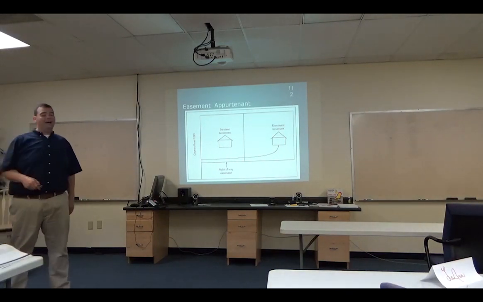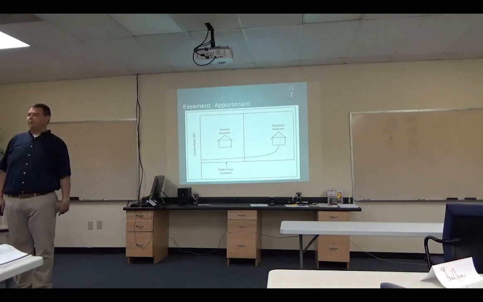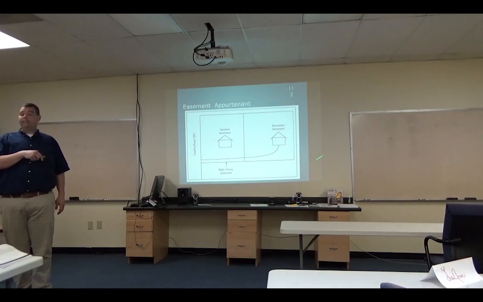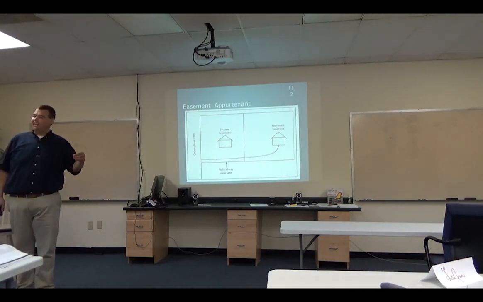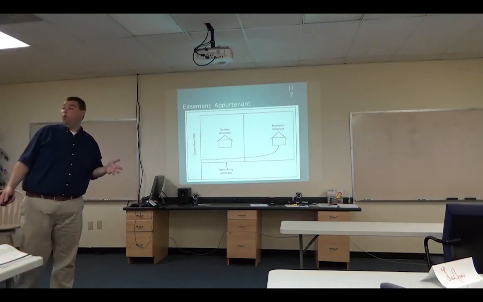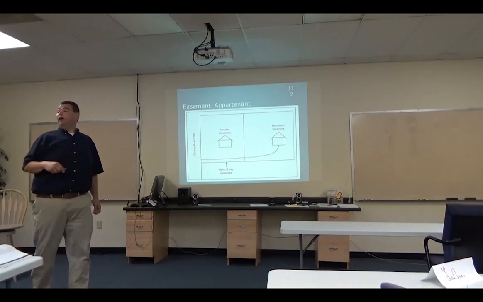Now, keep in mind how this came into being, because we don't want to lose sight of the big picture. How this happened is that this, at one point, was one piece of property. It was subdivided. Subdividing is just dividing a piece of land into two or more pieces of land. So at some point, this used to be all one.